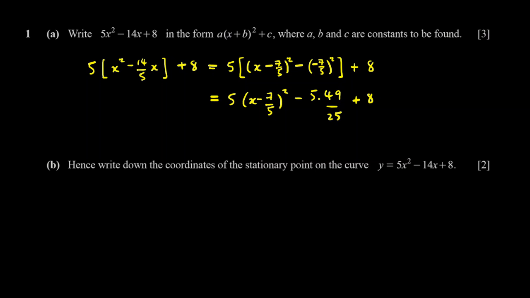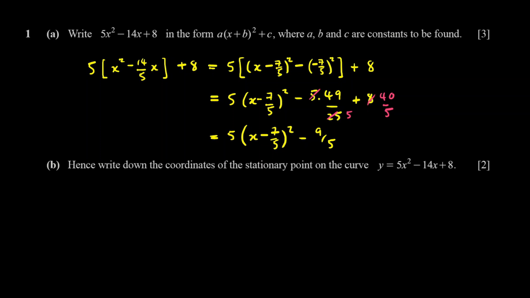So that will cancel, we give 5. And we can rewrite 8 in terms of fifths. So instead of 8, we can write this as 40 upon 5. And if we've got minus 49 upon 5 plus 40 upon 5, that's minus 9 upon 5. I can rewrite this as 5 bracket x minus 7 fifths all squared minus 9 fifths.